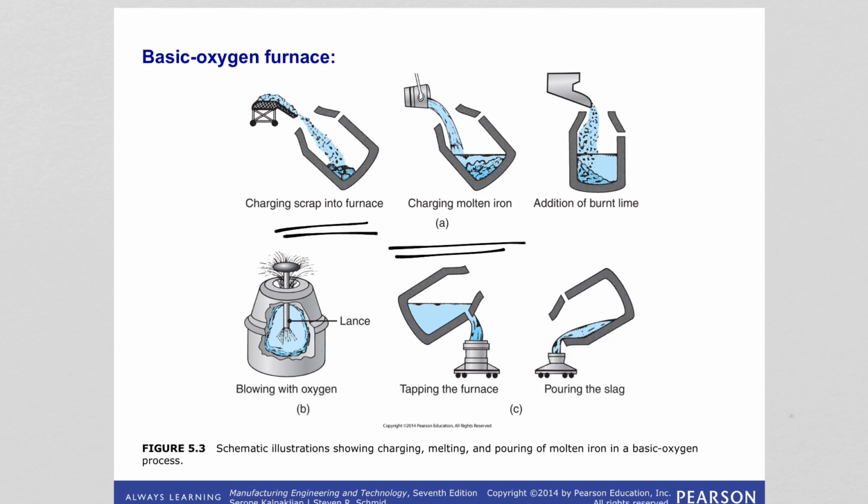Next, fluxing agents such as lime, calcium and magnesium oxide are added. The reason this process is called basic is the pH of these fluxing agents. Then pure oxygen is blown into the furnace through a water-cooled lance, which is a long tube.